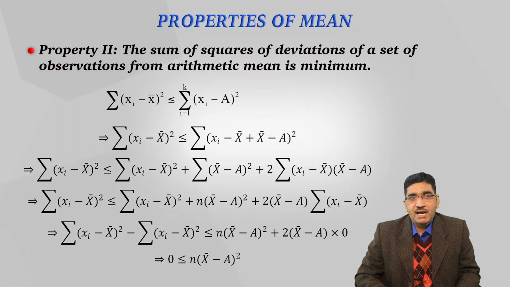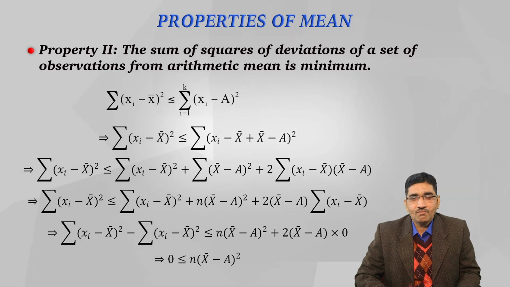The second term will be the sum of (x bar minus a) square, where x bar is a constant and a itself is a constant value. So the difference of these two constants is a constant, and the square of this constant value is a constant term. So the sum of all the constant terms will be multiplied by how many times it has been totaled.